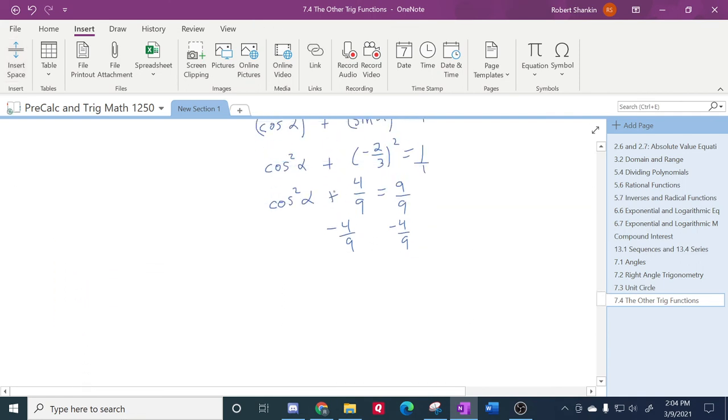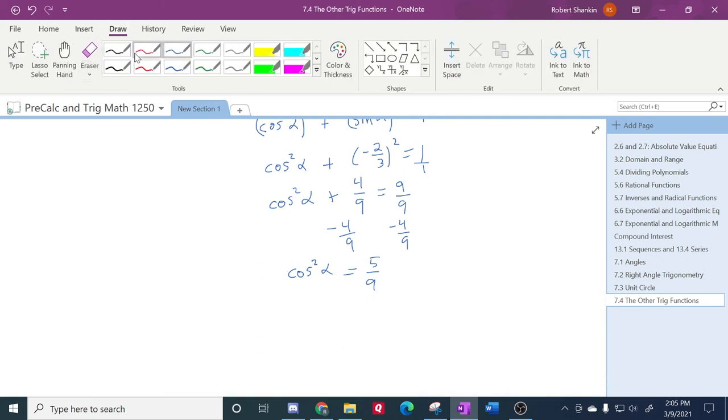So I'm going to get cosine squared alpha. 9/9 minus 4/9 is 5/9. Then I'm going to take the square root of both sides. When I do that, I insert a plus or a minus sign.